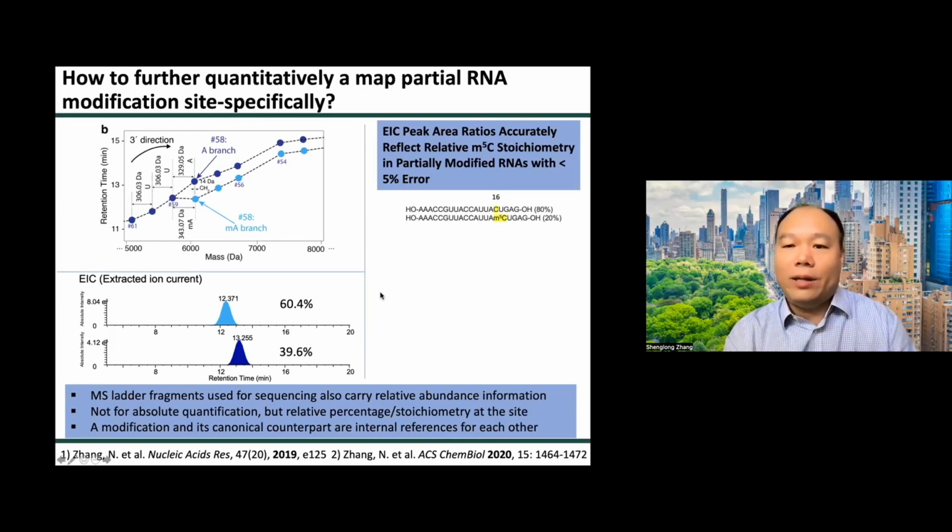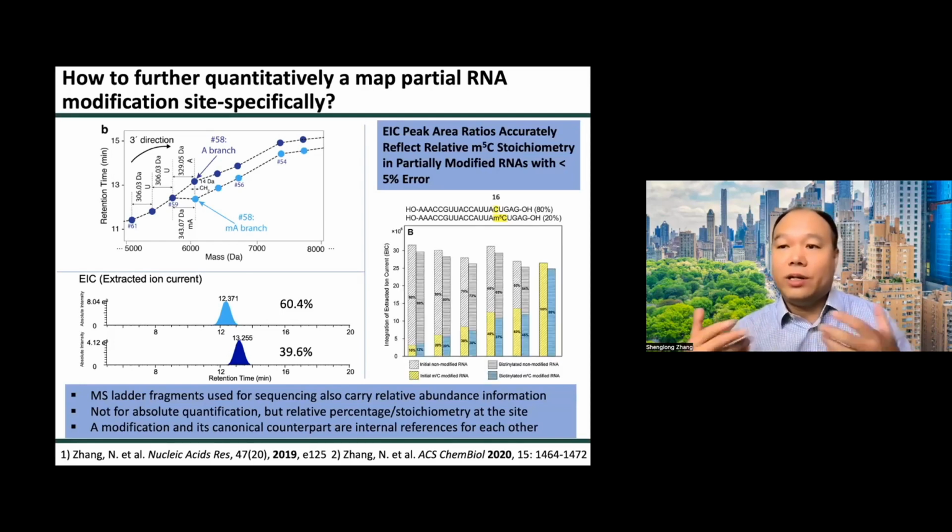One of the mixtures is synthetic RNA. We know the ratio to begin with, and then we can put that into the LC-MS to measure the EIC. We can also do some chemical reactions and measure the EIC.